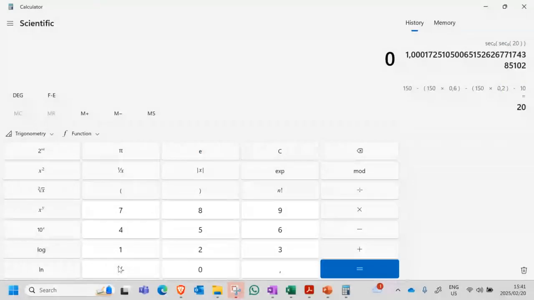All right, so let's do it. 175. Now the sales are 175. Yeah? Minus 175 multiply by 0.6.